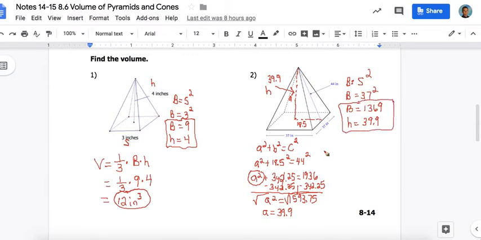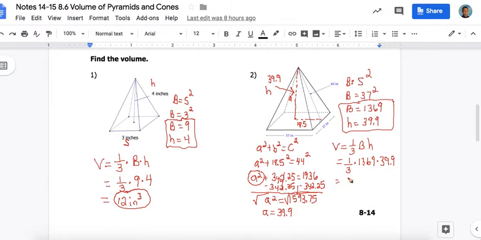So now we're going to use that in the formula. So here's the formula. Once again, v equals 1/3 base times height. So we're going to do 1/3 times 1,369 times 39.9.